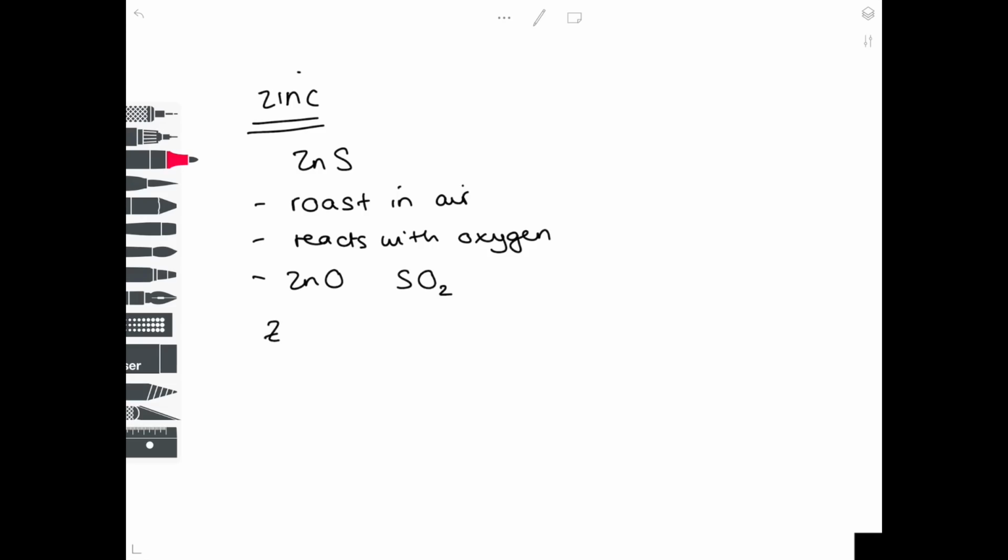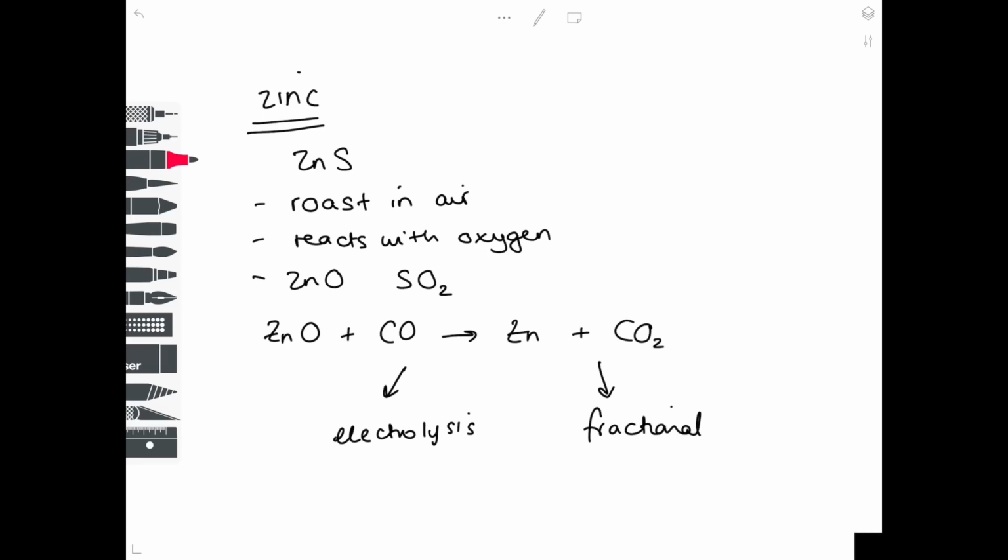And then with that zinc oxide, it's very similar to the blast furnace, so we need to reduce it using carbon monoxide to give zinc plus carbon dioxide. And then at this point, to purify, we can either use electrolysis or we can separate the mixture using fractional distillation, so similar to the organic chemistry method.